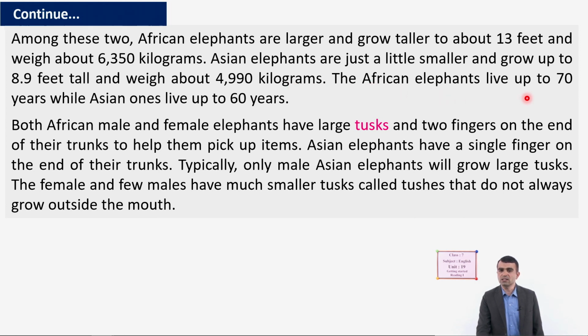The African elephants live up to 70 years while Asian ones live up to 60 years. Now you can compare these two elephants: which are taller, which are shorter, which are heavier or let us say larger, which are smaller. Now both African male and female elephants have large tusks. What does tusk mean?